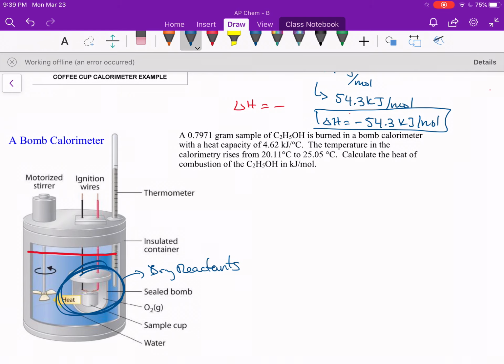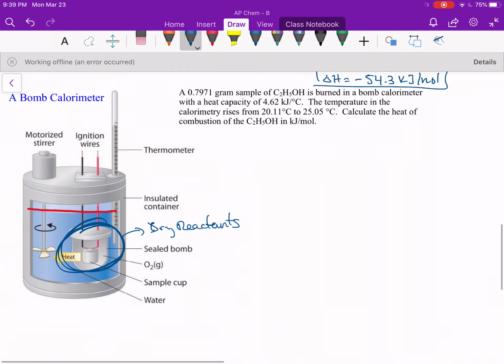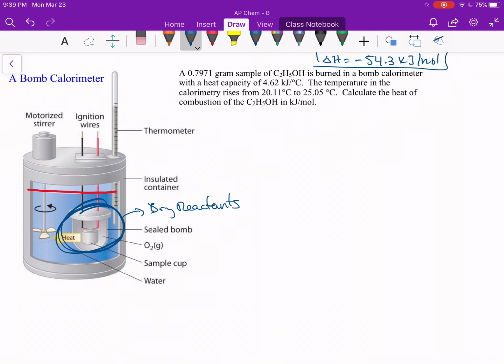And so we can see that it has a little reaction container that's separated out from the water, so we can work with dry reactants here. Now, most of the chemical reactions that they work with in a bomb calorimeter are going to be combustion reactions.